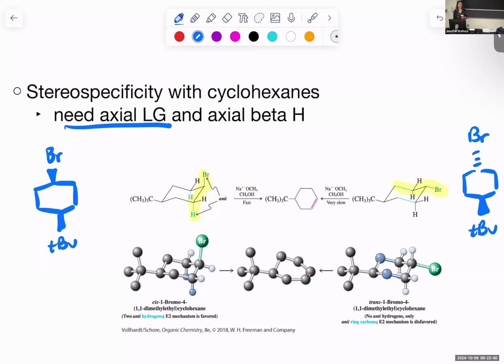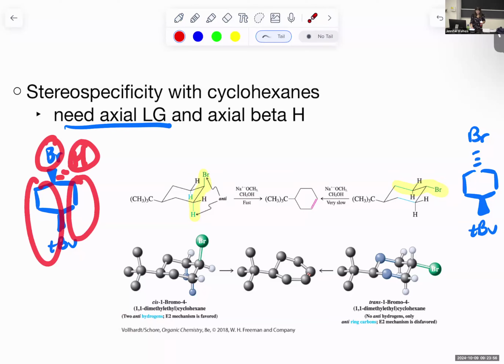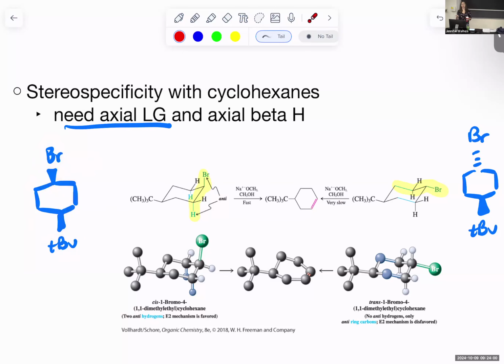Why are these not diastereomers? It's not chiral. We don't have a chiral atom, right? Because each carbon has bromine, hydrogen, and then the left side and right side are exactly the same, there are no chiral atoms. You are not a chiral molecule. If you're not a chiral molecule, you can't have those optical isomer relationships. So it's not a diastereomer or an enantiomer.